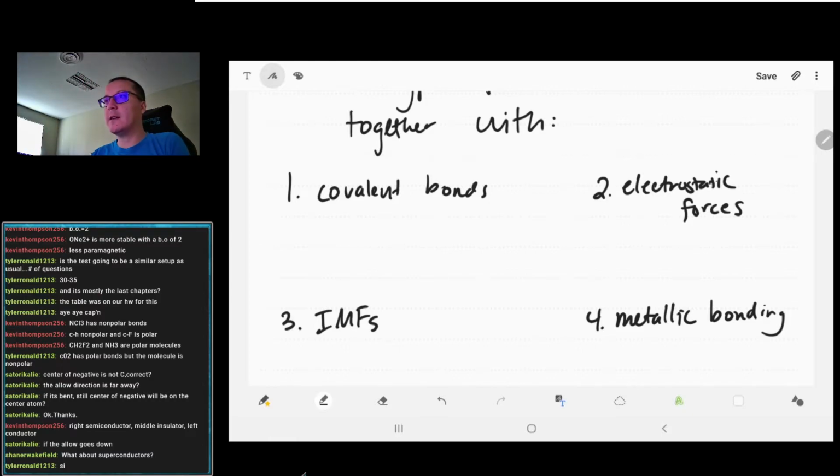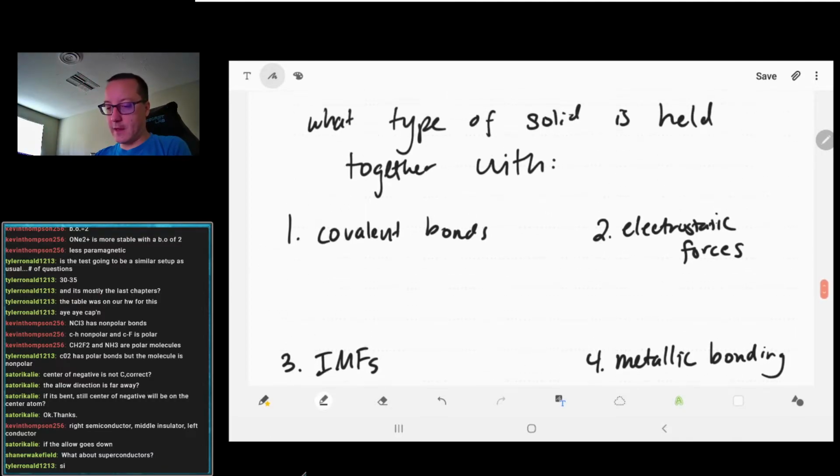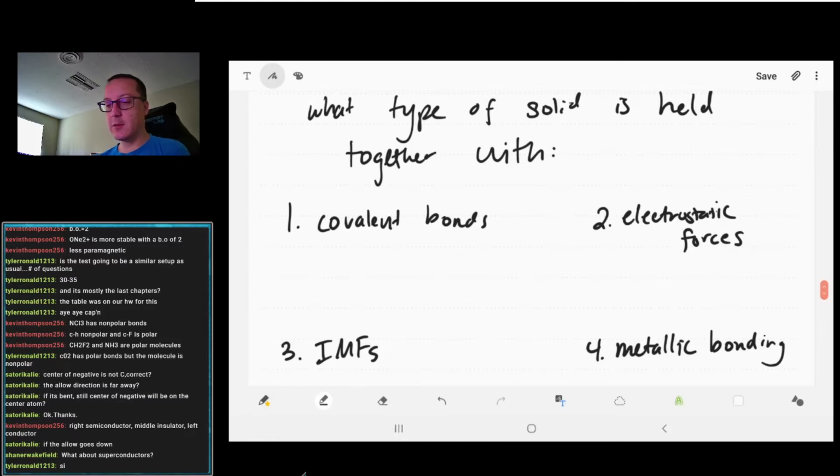Okay, I can fit all of this. Yes. So, we had 4 types of solids, right? Hopefully we remember those. And we kind of also have 4 reasons that something would be solid.